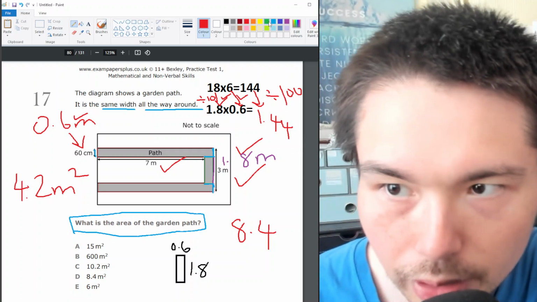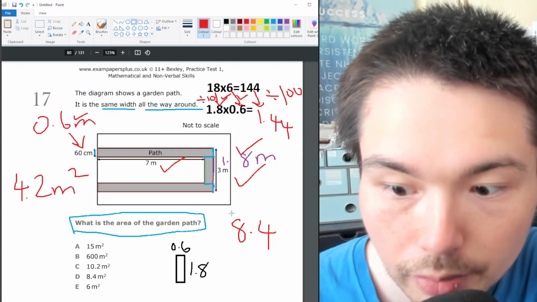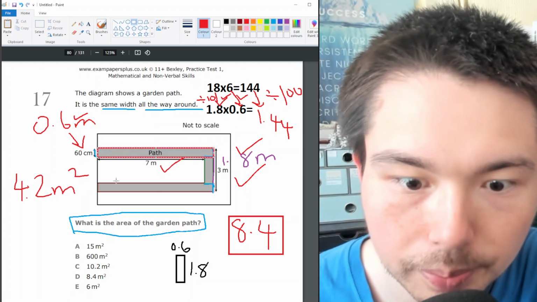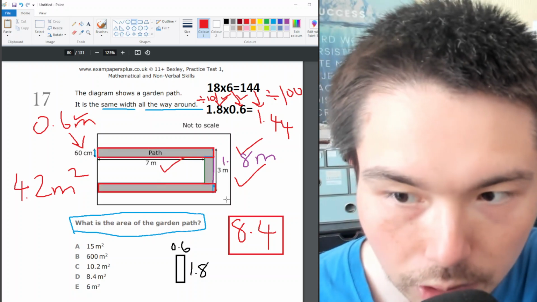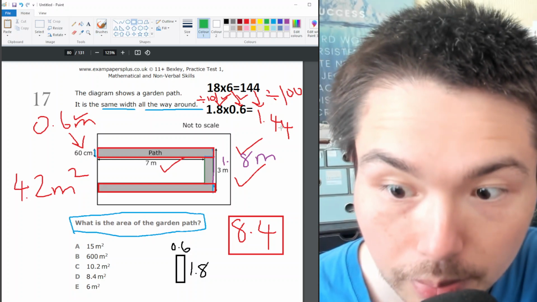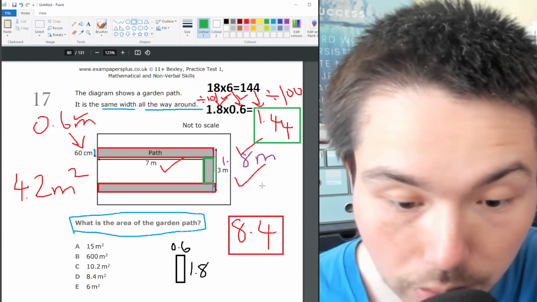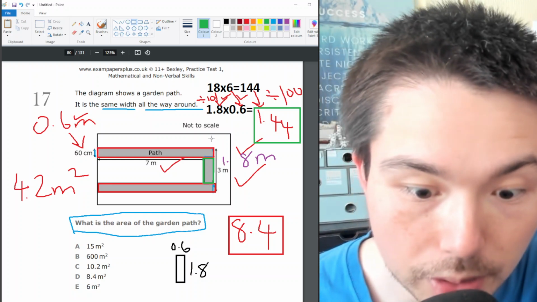So now what? We have the area of each bit. Those are the two rectangles, that bit and that bit. The number we've just worked out, that is like a green rectangle here. So that's 1.44, and now we just add the two together. Good stuff.